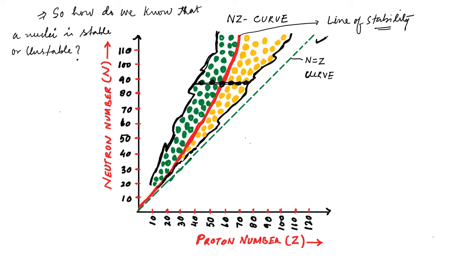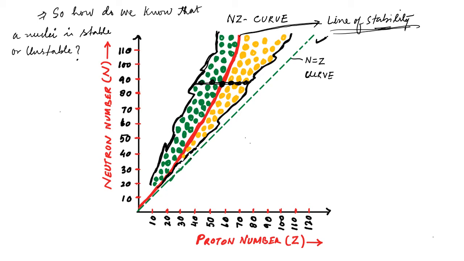Among those isotopes, the one lying on the line of stability is the most stable, and all those isotopes lying on either side of this line of stability, on the right side or the left side, are going to be unstable.